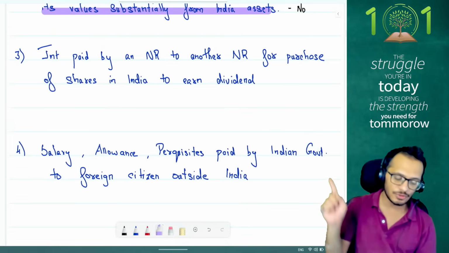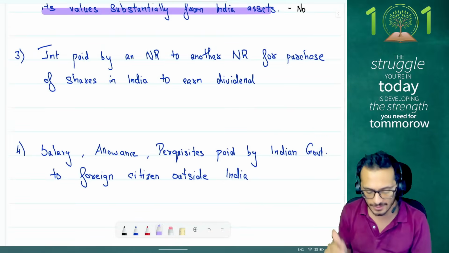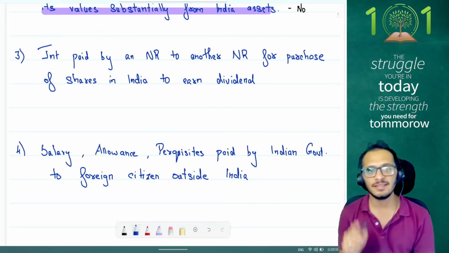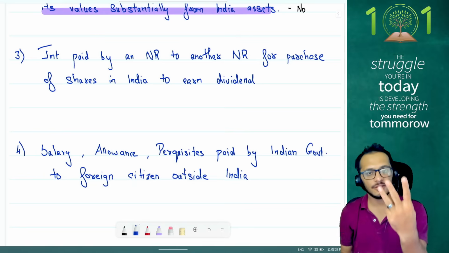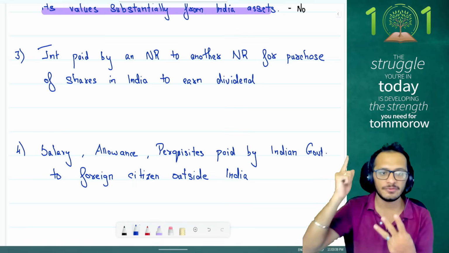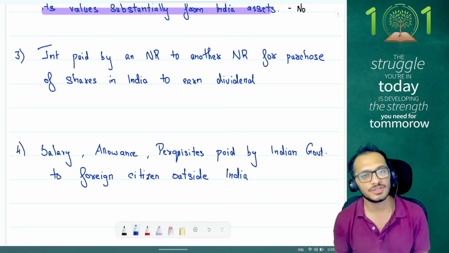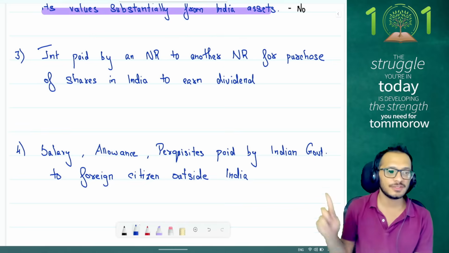Third, when it comes to interest paid by an NR to another NR for purchase of shares in India to earn dividends. People, when it comes to NR to NR, normally questions come and say that when an NR is giving money to an NR, it is taxable in India for three components: interest, royalty, and FTS. All three are taxable in India if the business or profession or other sources income is generated in India. Only one exception is there, which is interest.